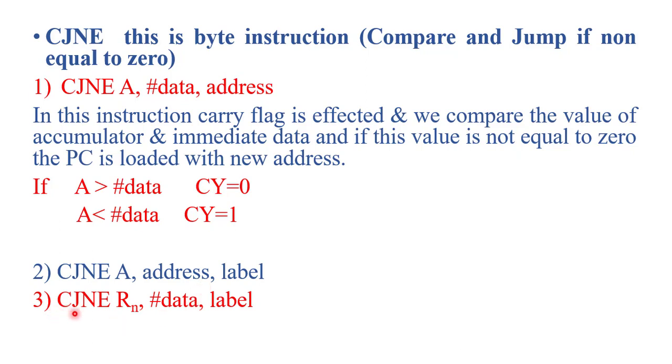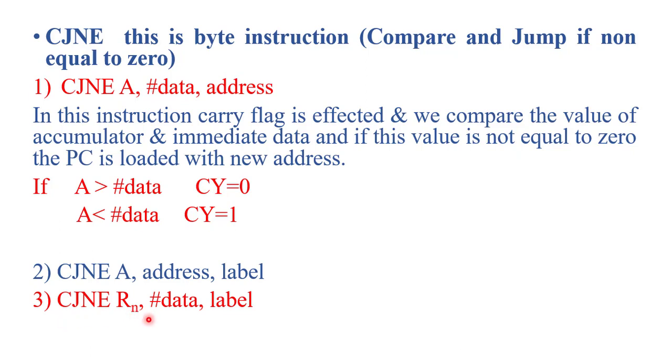Next instruction is CJNE RN, #data, label. Here label is also known as the address of the new memory location. #data is the immediate data and RN is a particular register of a register bank, R0 to R7 of a particular register bank.